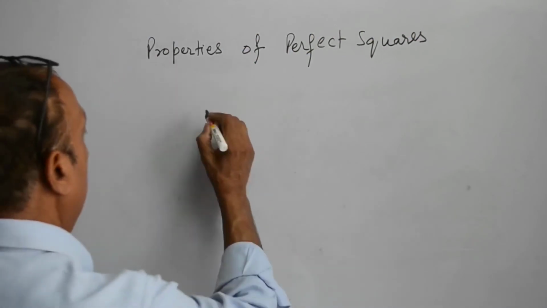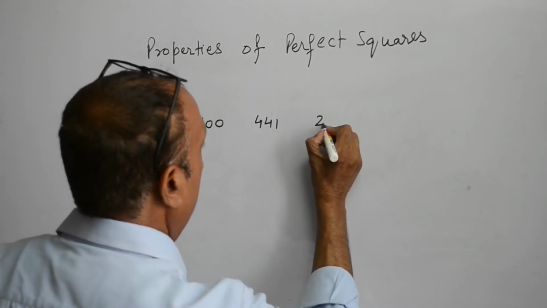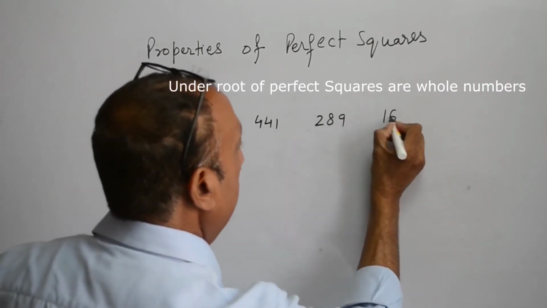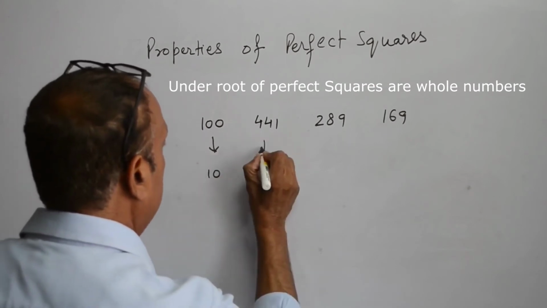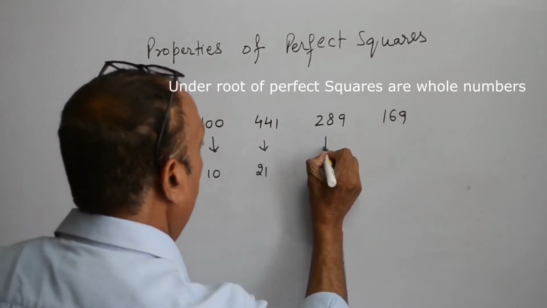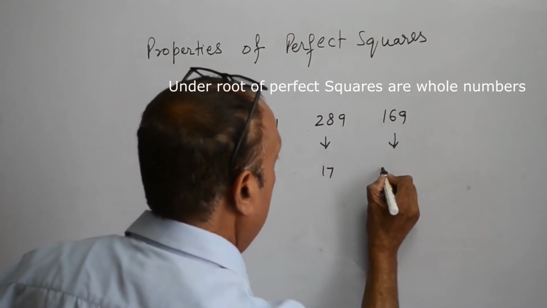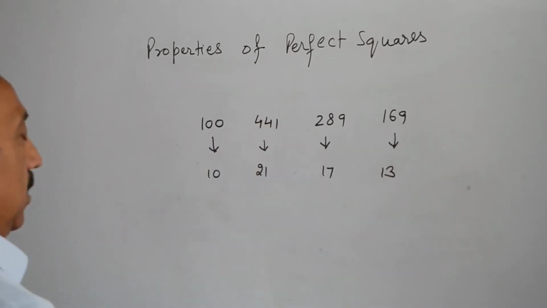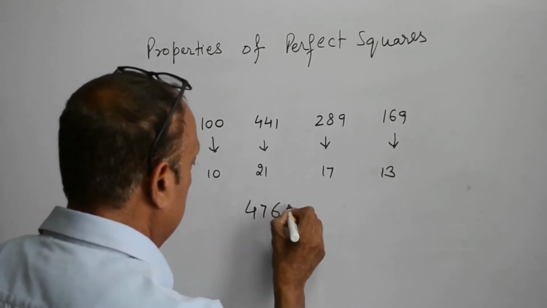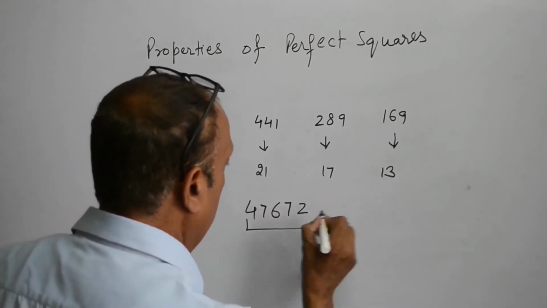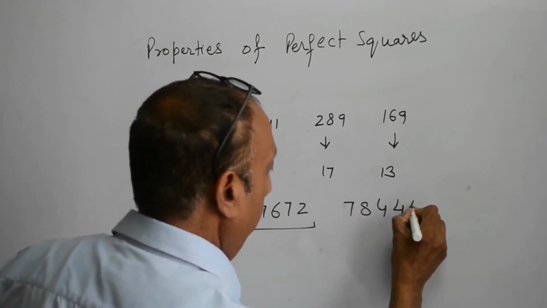Perfect squares are the numbers for which if we take the square root of such numbers, they come out to be whole numbers. Now I am writing 47672 and 78446.